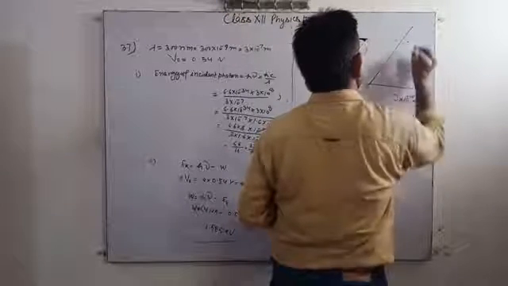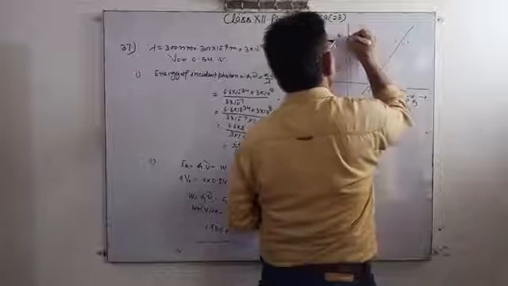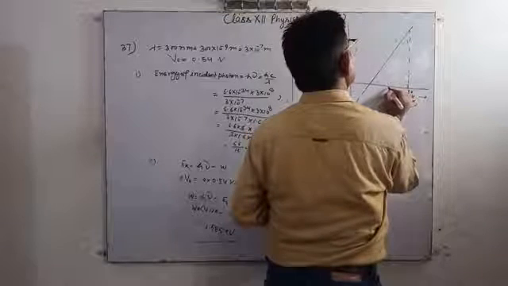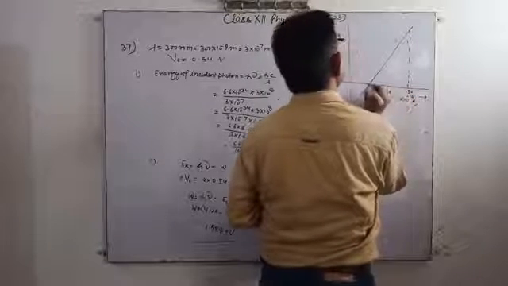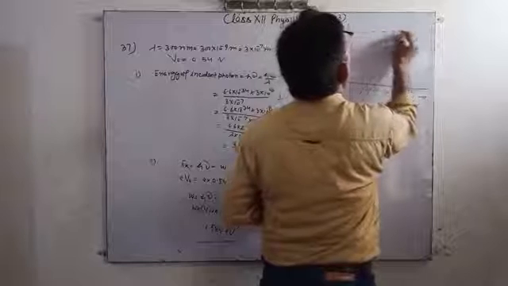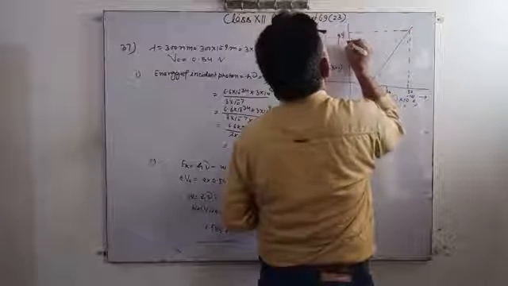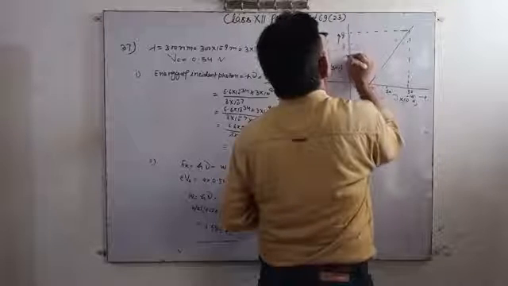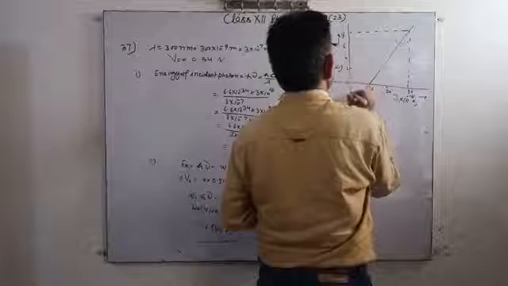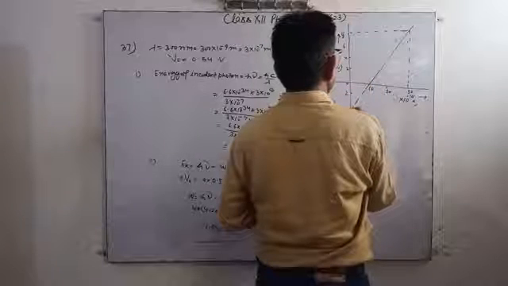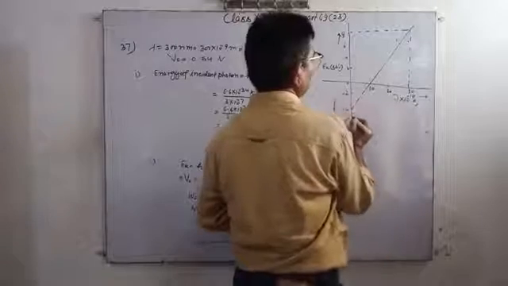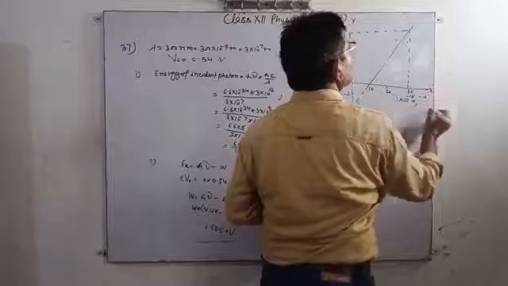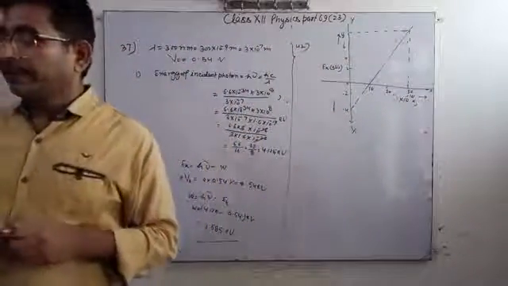Along this axis values are given as 30, 20, 10, and on the other axis 8, 6, 4, 2, 0, and negative 2, 4. This is given on graph paper.